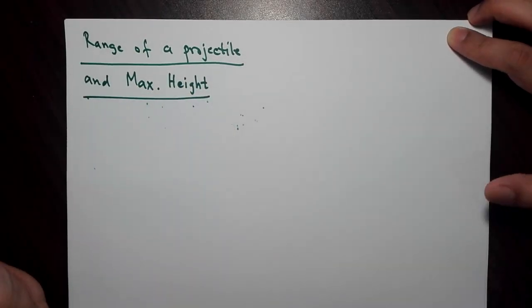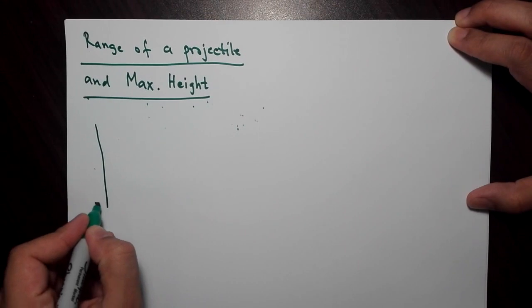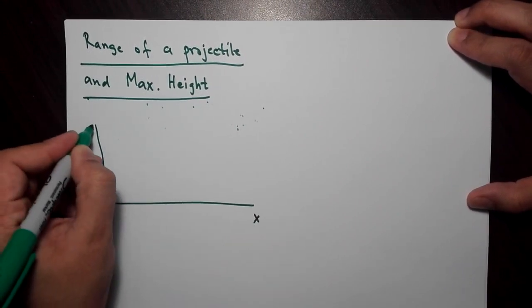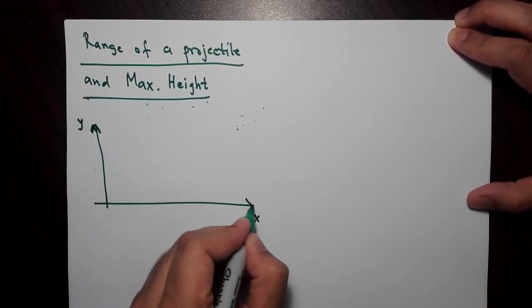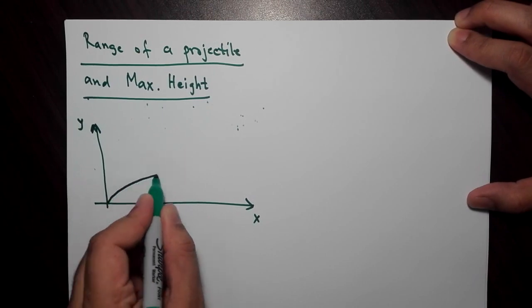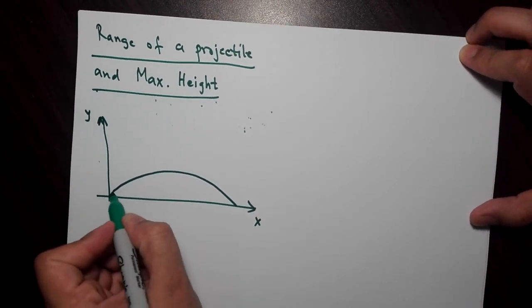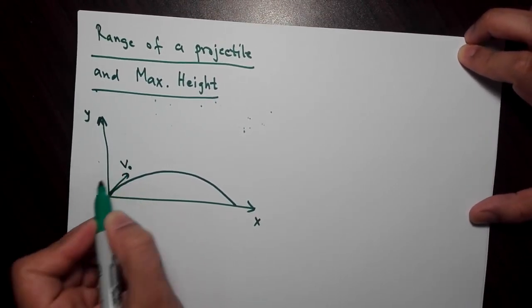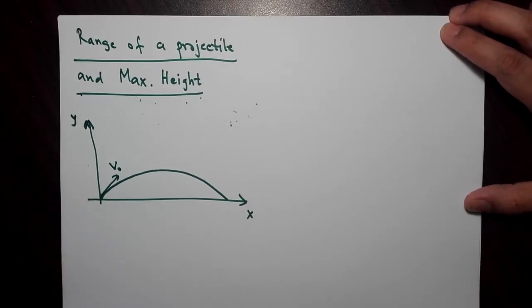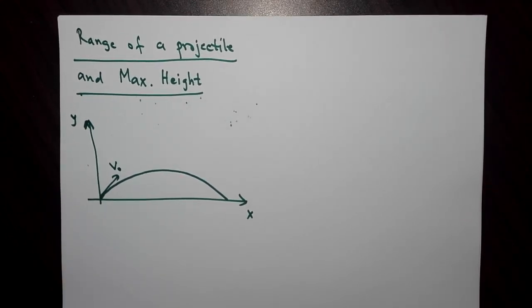Now let's say that again you have a projectile that's launched with some initial velocity v0. And the equations for a projectile, so this is what we want.